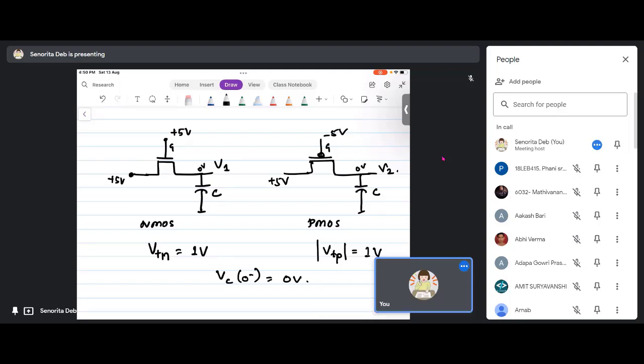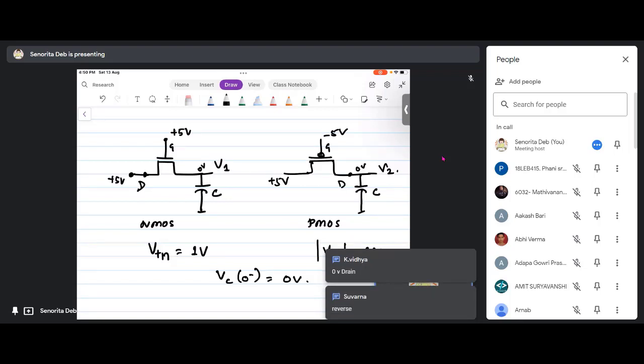Vidya? You guys can unmute also and tell, I don't have any issue. So plus 5 volt is drain in the NMOS case, as I think Vidya is saying. And for PMOS, what will be the drain and what will be the source?